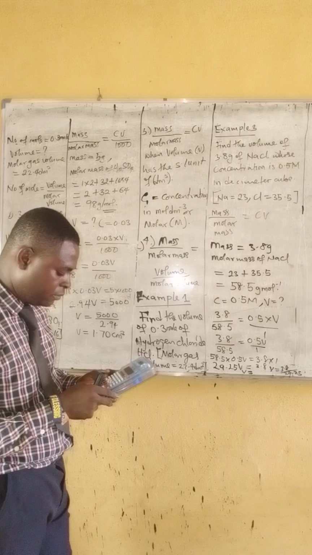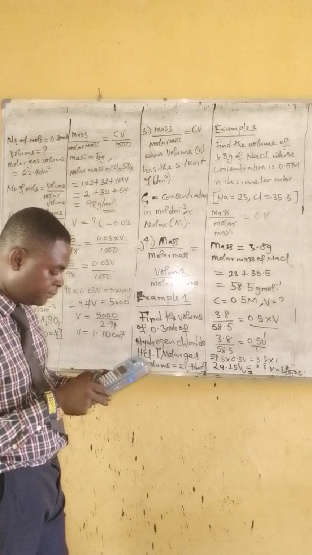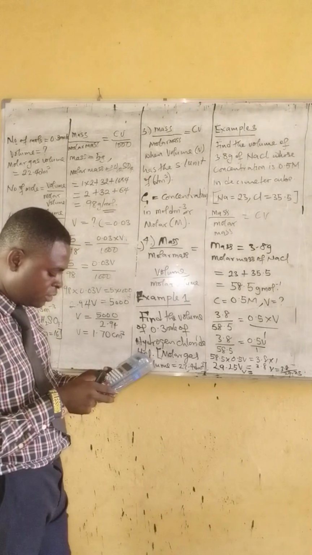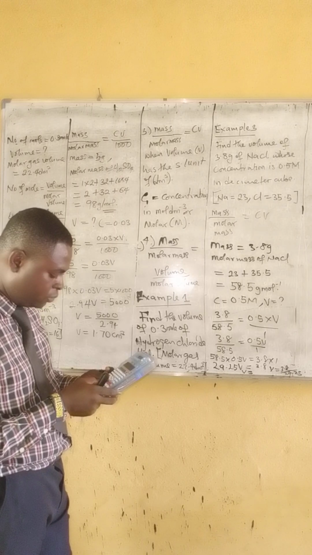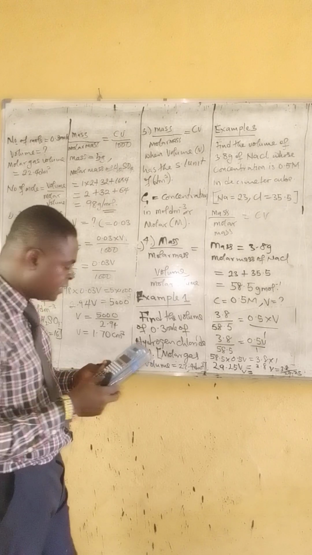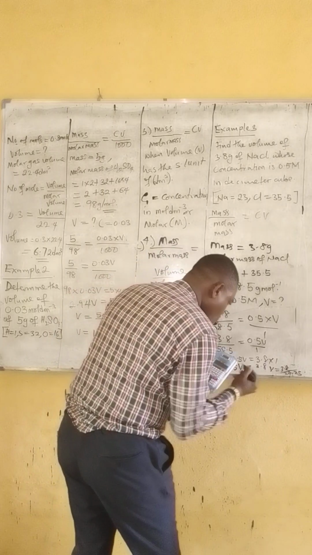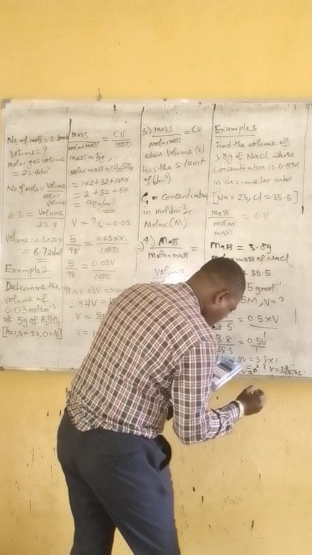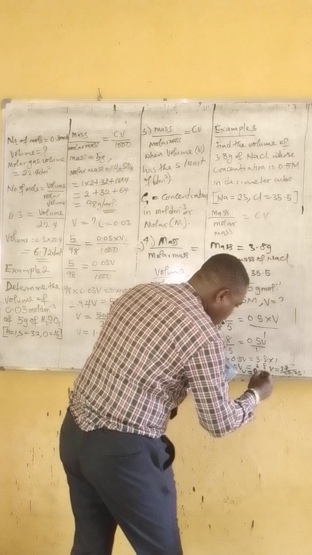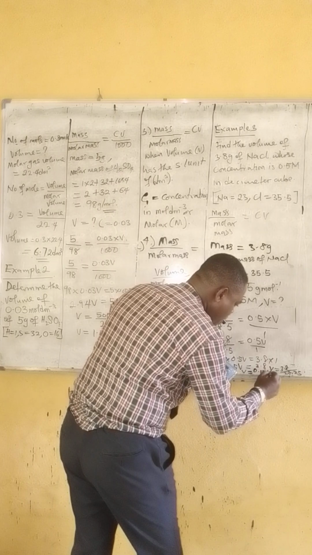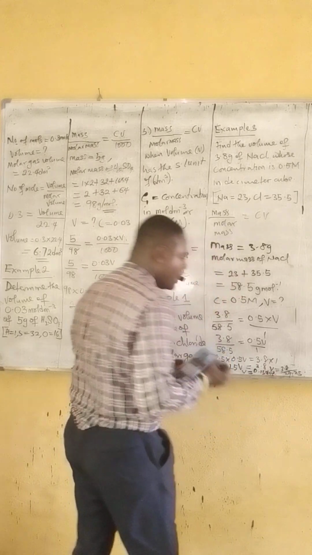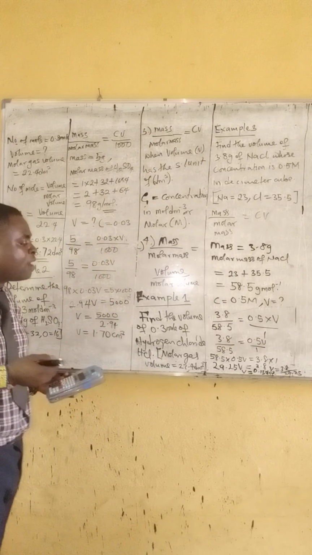We have 3.8 divided by 29.25, and our answer is 0.13 dm cube. So that is what we have there.